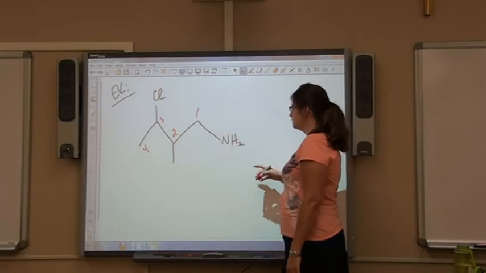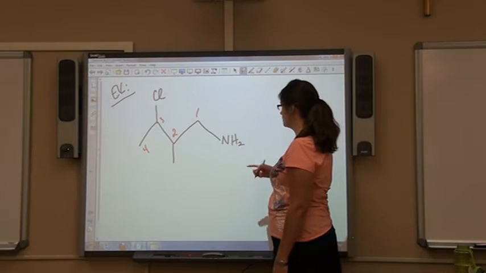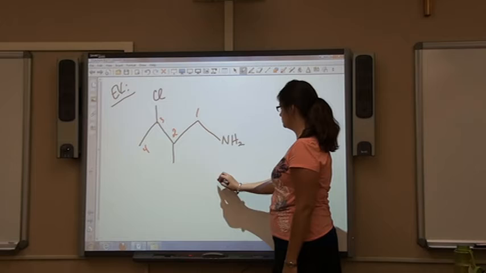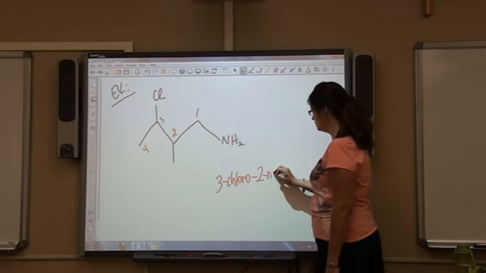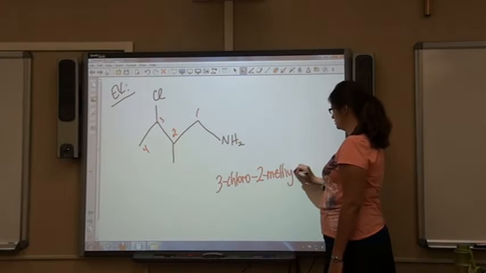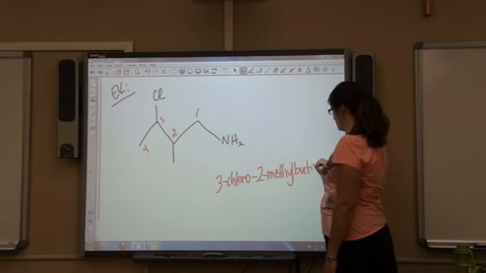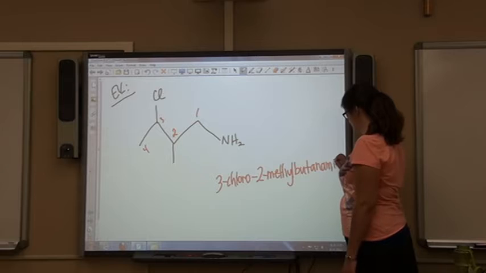Here we have, to name it like we normally do, a 3-chloro, a 2-methyl, and this is butane, so this would be butanamine.